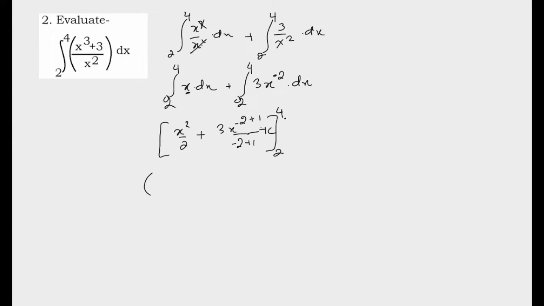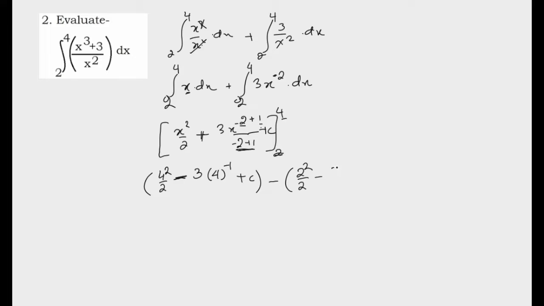So substitute 4 first: 4 squared over 2 minus, because minus 2 plus 1 is negative 1 and this plus will become negative, minus 3 times 4 to the power minus 1. Dividing by negative 1 has already affected this negative, so I'm not writing this denominator anymore. Plus c, minus, let's substitute 2 now: 2 squared over 2, minus again.